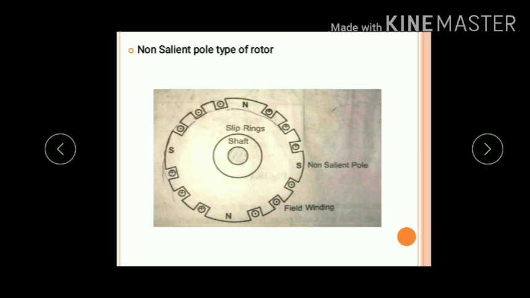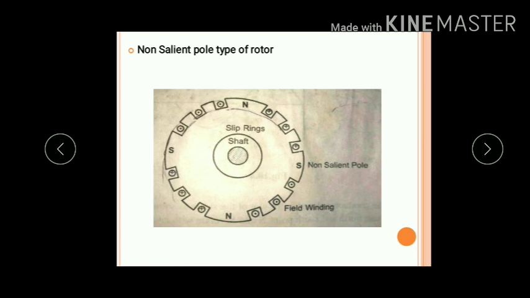The cylindrical core itself is having a number of slots on its outer periphery to place the field windings, and the unslotted portion of the cylinder itself will act as a pole, right?